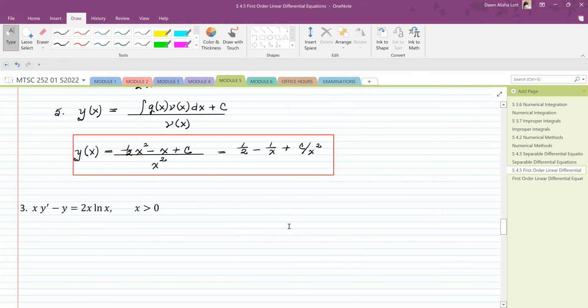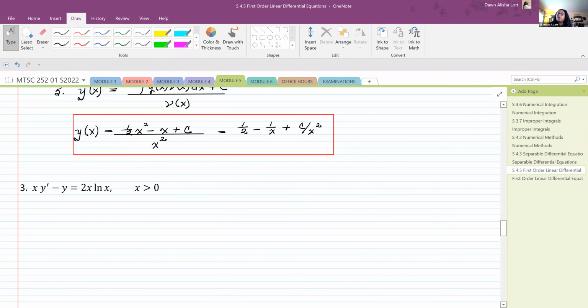Is the problem not in standard form? Okay, so this problem is not in standard form. So how do we put it into standard form? You divide by x from left to right.